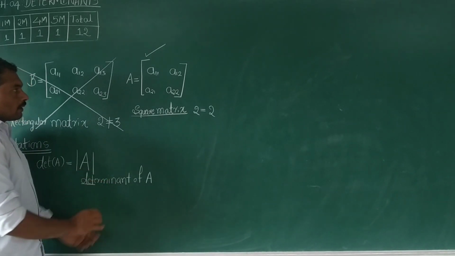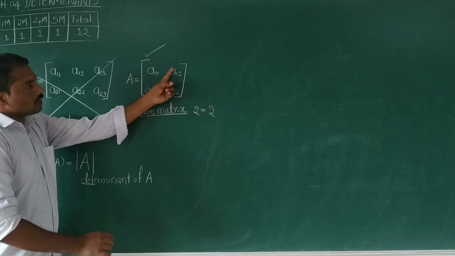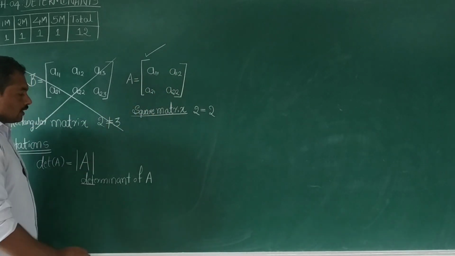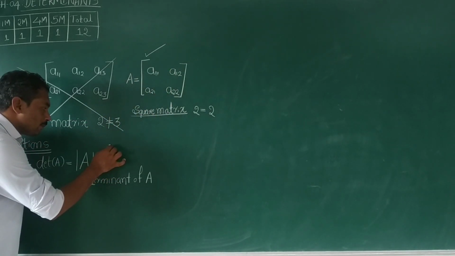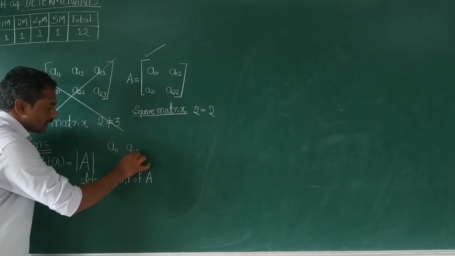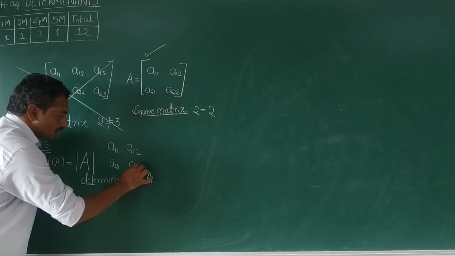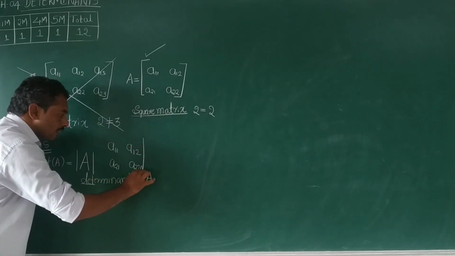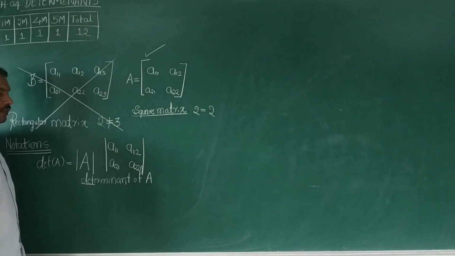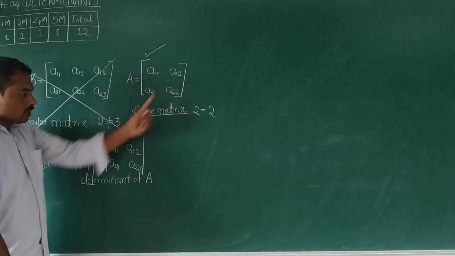How to represent determinant using the arrangement? That can be done by taking the same square arrangement and enclosing it within vertical bars instead of square brackets.